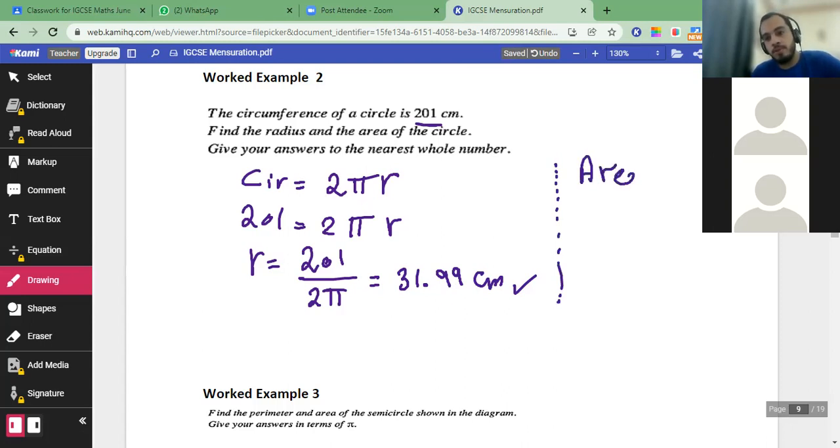The area of the circle is pi r squared. The circumference is 2 pi r. Now do the substitution.